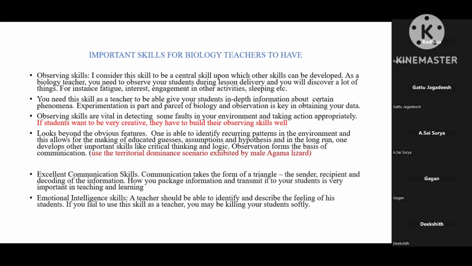And you see, observing skills is not just limited to the use of the eye. It involves the employment of the other senses. Your sense of sight, your sense of smell, your sense of touch. You need to employ all these senses within your environment.